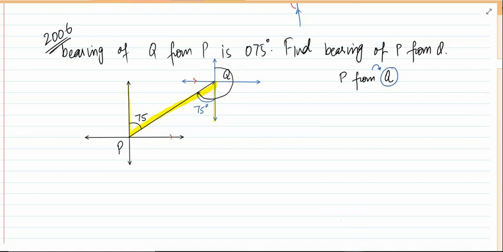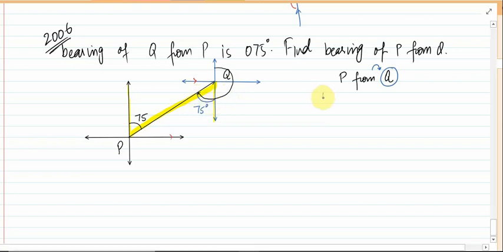If you guess 180 plus 75, then you are on the right path, right? How? Let's see. Starting with the north, if you drive the car till here, you covered 90 degrees. Till here, you covered 180 degrees. You need to reach this point, so you need to cover an extra 75 degrees.